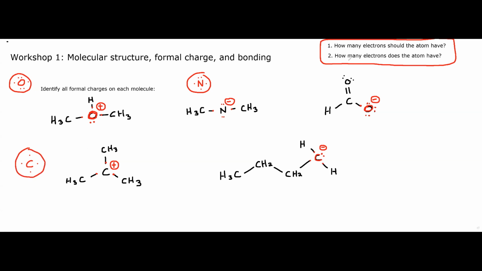And then ask yourself, how many electrons does the atom have in this structure? Compare the 2 numbers and see if you have an extra electron or if you're missing an electron. Formal charges will only be +1 or -1. We don't have to worry about going +2, +3, +4, -2, -3, etc. Formal charge will just be a +1 or a -1.